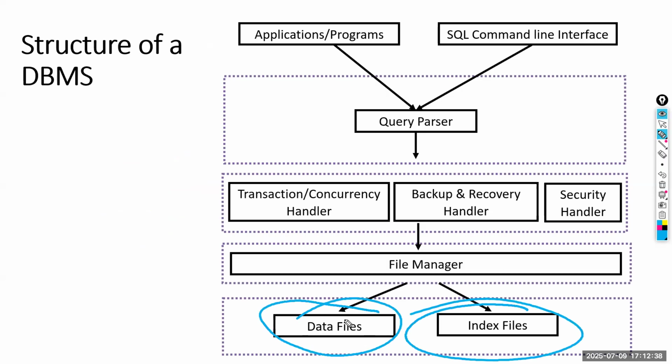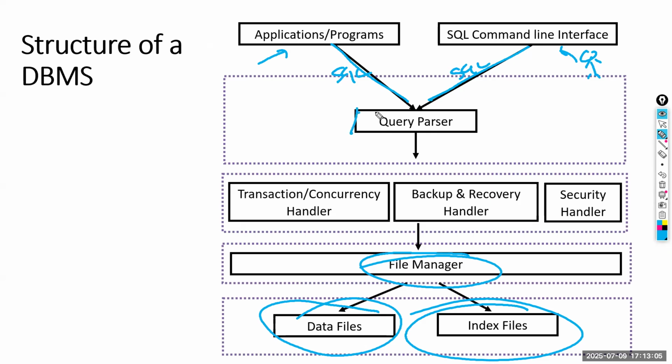Right. Your data is saved in files. So there's something called a file manager in the database management system. Remember your applications or programs, or your SQL interface if you are just a human communicating with the database. That is what we do in our studies. Or your program, Python, PHP. So you send SQL queries, or your program sends SQL queries.